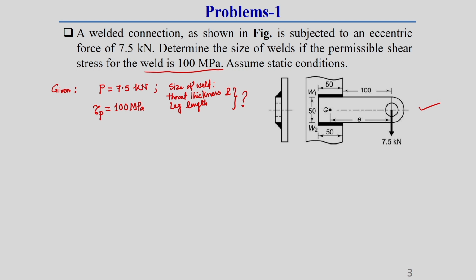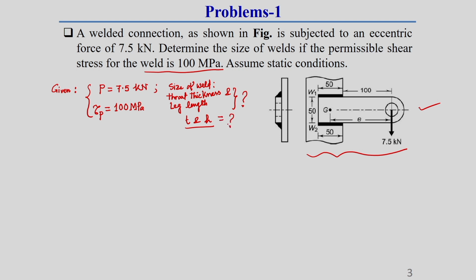Based on these two parameters and from this figure, the joint geometry or the length of the weld, we have to find out the throat thickness, that is T, and leg length H. These two things we have to find out.